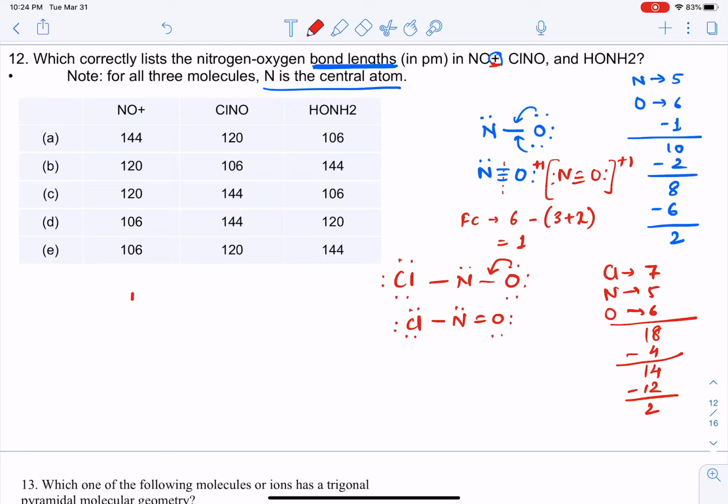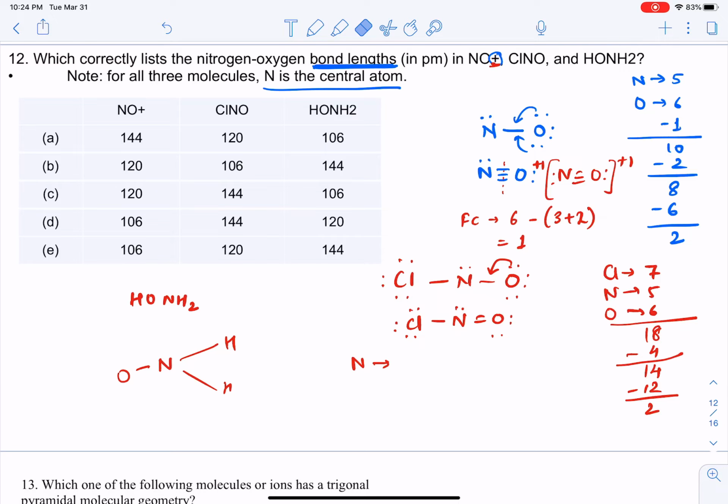Next we will make the structure for HONH2, that is N as the central atom, 2 H bonds, and the next one is OH. So it's stated HO, so it shows that it's an HO bond.